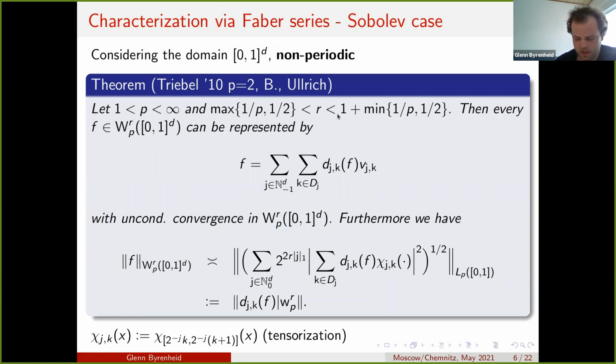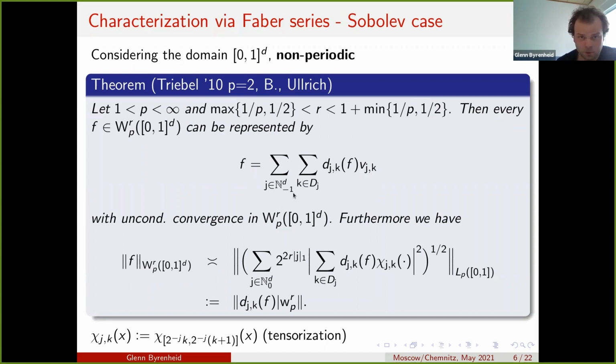Additionally, r should be smaller than 1 plus the minimum of 1 over p and a half. Then every function f belonging to the Sobolev space can be represented by the Faber-Schauder series. The series converges unconditionally in the norm of the space itself.